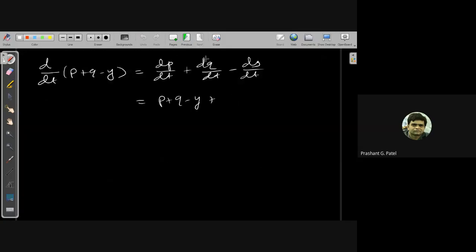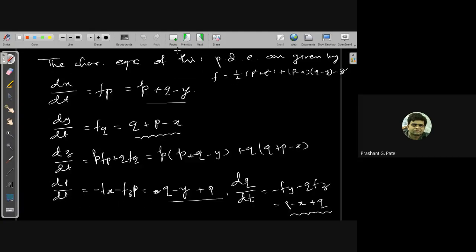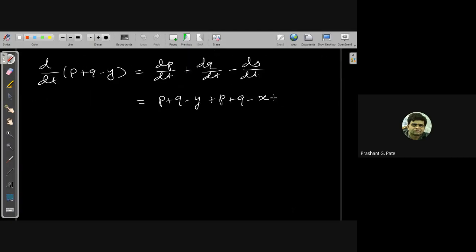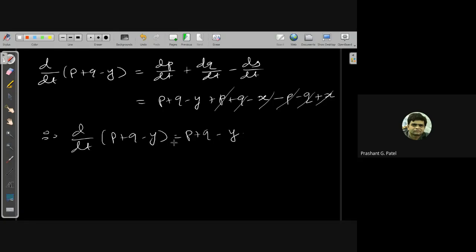And dy by dt is p plus q minus x, but with a negative sign, so it is minus p minus q plus x. You just observe that this will be cancelled out. So hence what we get is d by dt of p plus q minus y is equal to p plus q minus y.